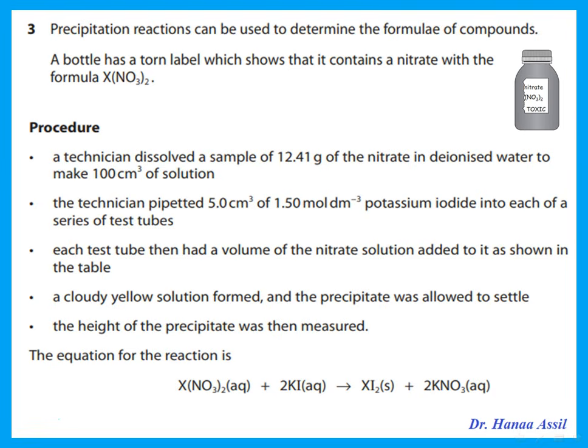This formed a cloudy yellow solution. Remember that nitrate with iodide gave a yellow precipitate, and the precipitate was allowed to settle. The height of the precipitate was then measured. So the equation for the reaction he gives me is this.